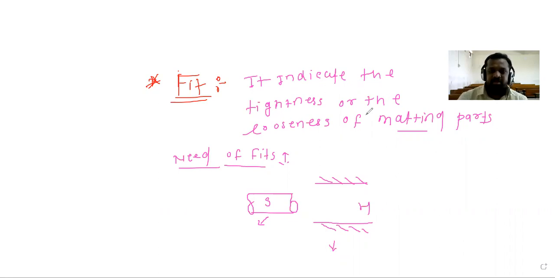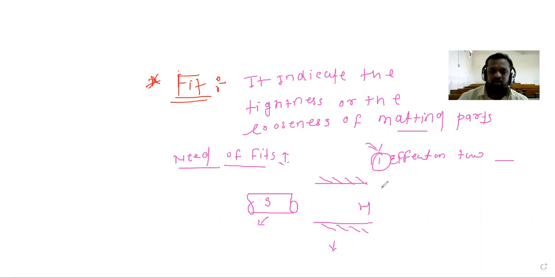If we have not decided the fit before the manufacturing or production, it will directly affect the two mating parts, during the assembly. So to overcome this effect, we have to select the fits before the production.